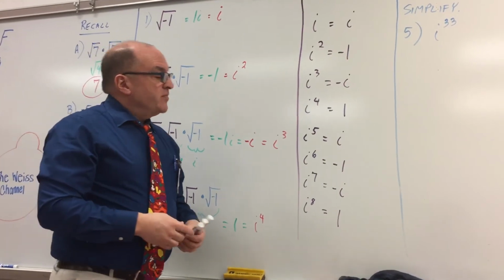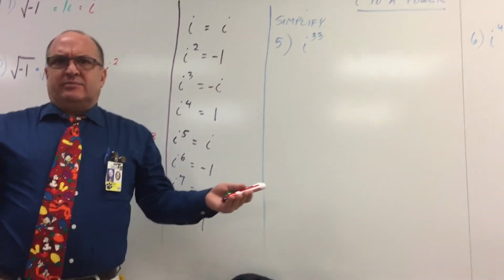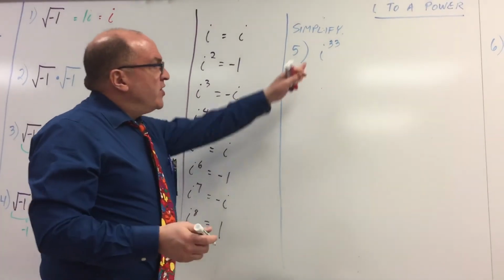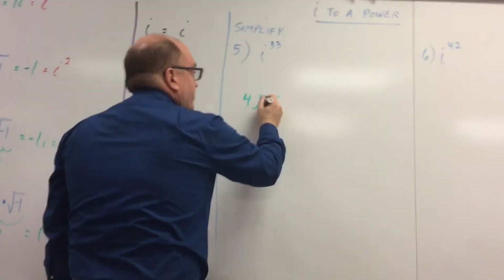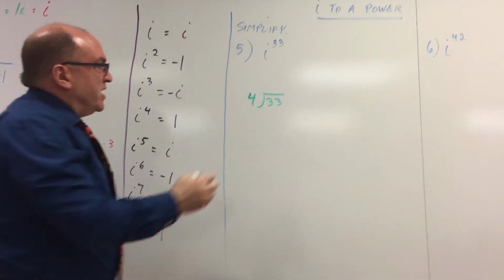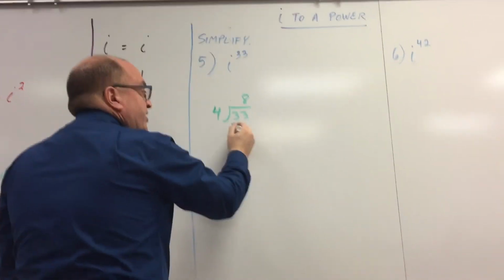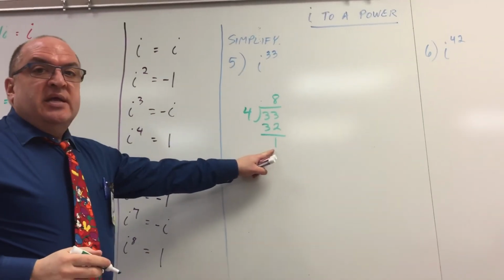For example, i to the 33rd power. All right, here's what we do. We take 33 and we divide it by 4. 4 goes into 33 how many times? 4 goes into 33 8 times. 8 times 4 is 32. Your remainder is 1.